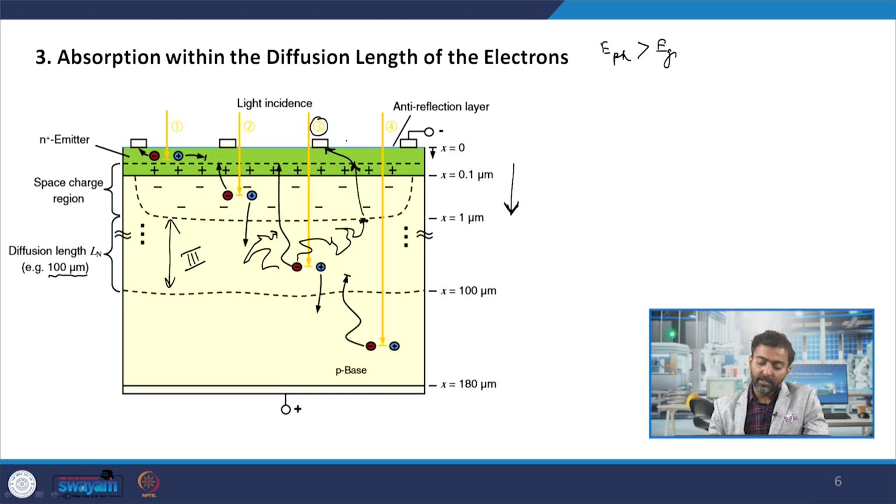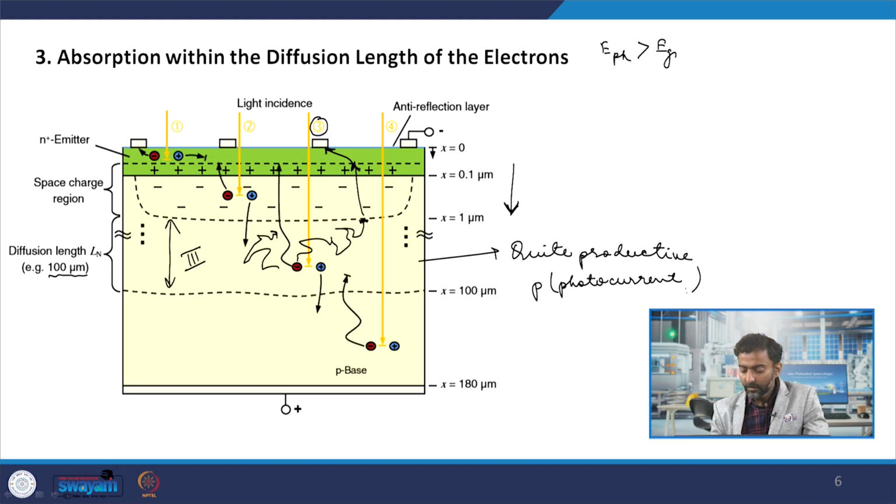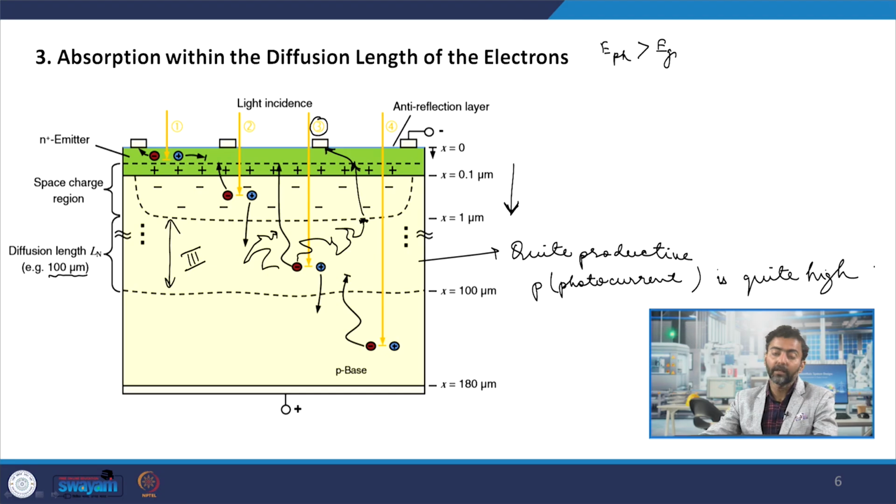So this third region is also quite productive, we can say. It is not as productive as the space charge region, but overall quite productive with respect to photocurrent. And here also the probability that you will get a photocurrent output from this region is quite high, lower than that of the space charge region definitely.